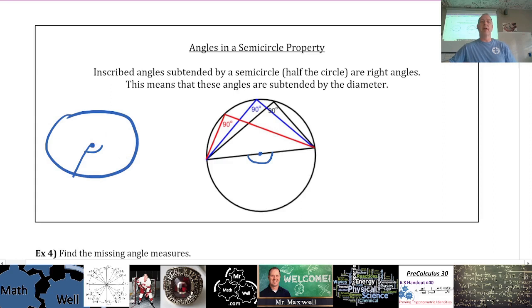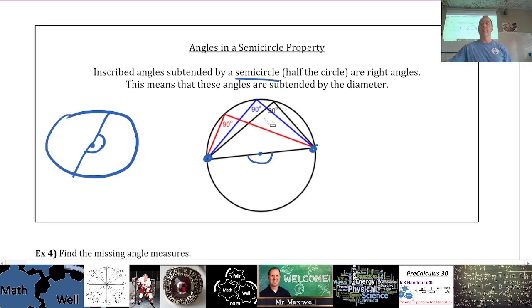Let's make it bigger. Let's make it 180 degrees. That's a diameter. So if you have an inscribed angle that subtends exactly half of the circle, or subtends a semicircle, then that inscribed angle is half of 180, or 90 degrees.